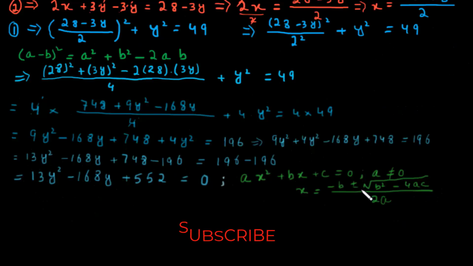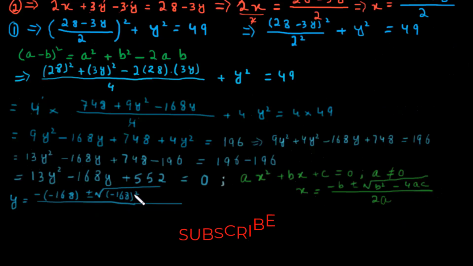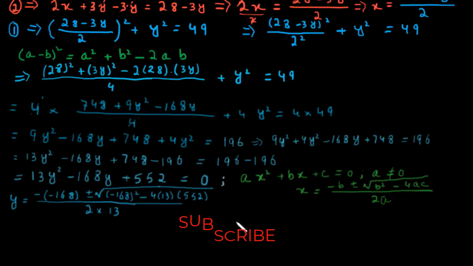Similarly, I have to substitute these values for a, b, and c into this formula, what we call the quadratic formula. So here y is equal to minus b, for b I have a value of minus 168, plus or minus the square root of (minus 168) squared minus 4 times a, which has a value of 13, times c, that is 588, divided by 2 multiplied by 13.